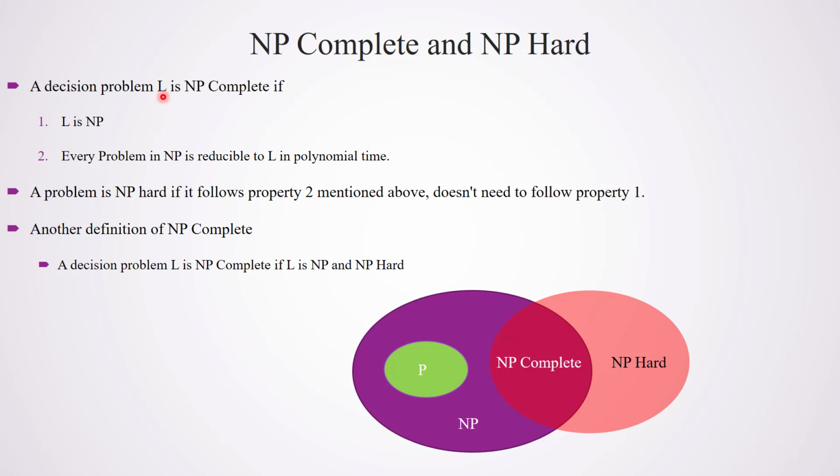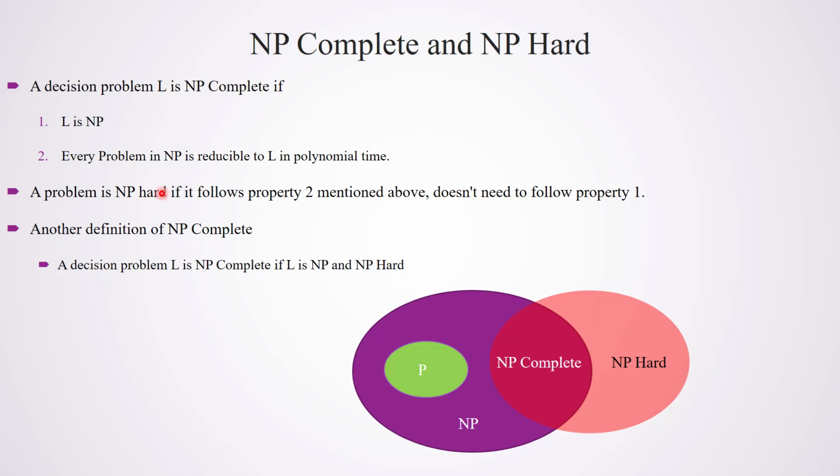The problem L must be in NP, and each problem in NP is reducible to L in polynomial time. There are a number of problems in NP. If we can reduce all those problems to L in polynomial time, we can say problem L is NP complete. We discussed reducibility to L in polynomial time in the previous slide.